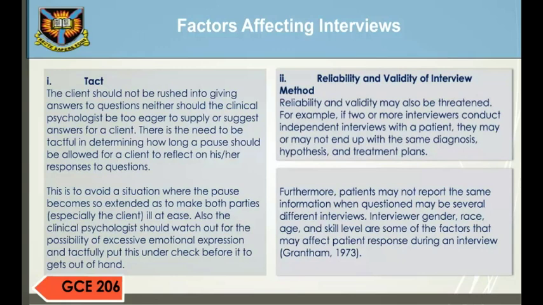4. Tact. The client should not be rushed into giving answers to questions, neither should the clinical psychologist be too eager to supply or suggest answers for a client. There is a need to be tactful in determining how long a pause should be allowed for a client to reflect on his or her responses to questions.